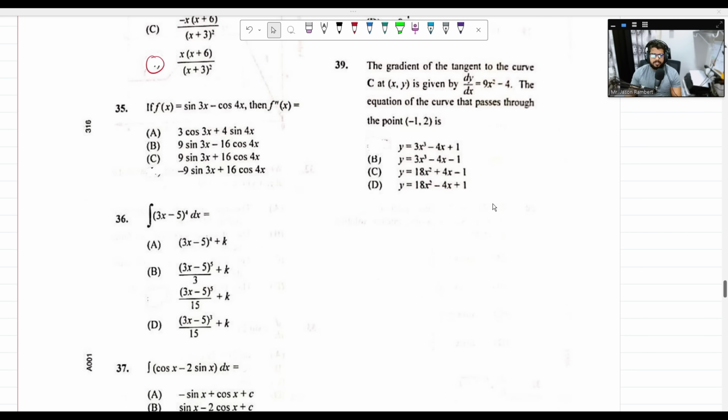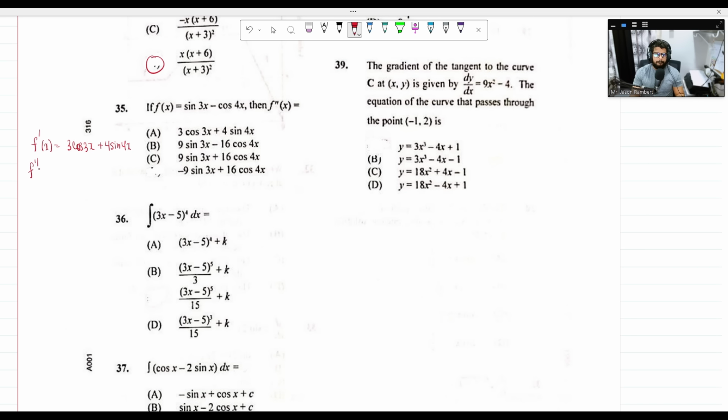If f of x is equal to, oh, gee, we had to differentiate twice. So let me take my time and do it, right? So if sine 3x, when we differentiate sine 3x, so I'll put it on the side, the first derivative is going to be 3 cosine 3x. When I differentiate cosine, I get negative sine. So this changes to a plus 4 sine 4x.